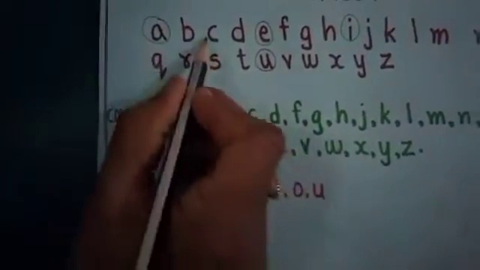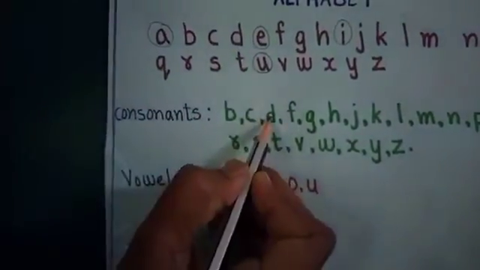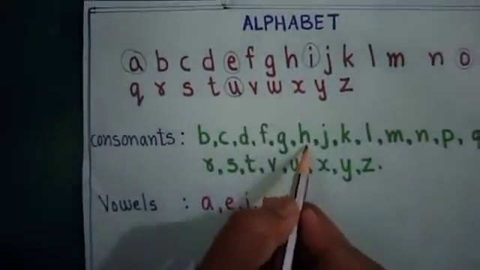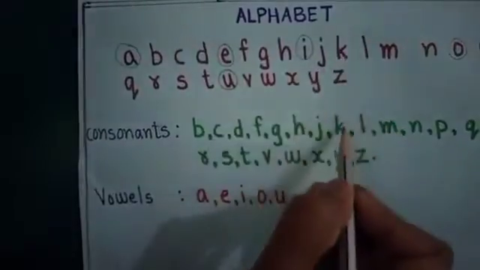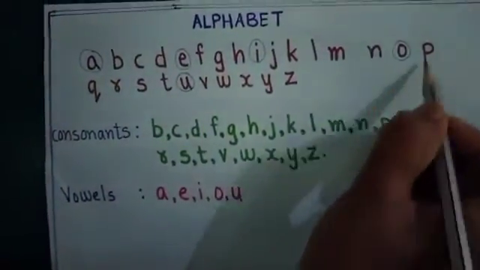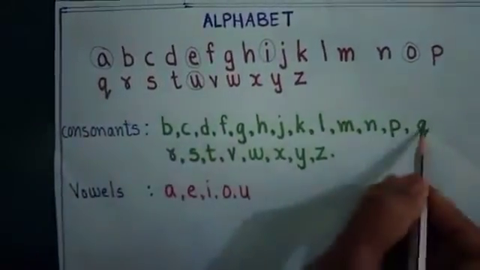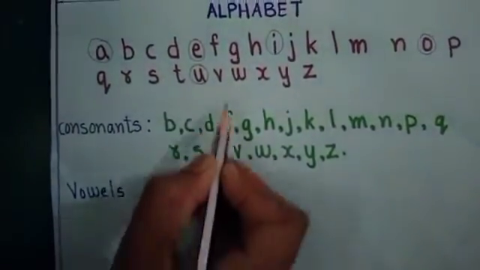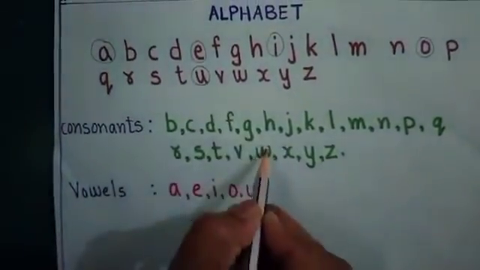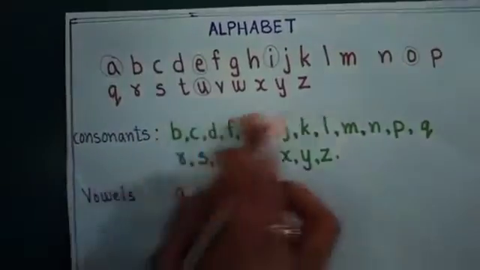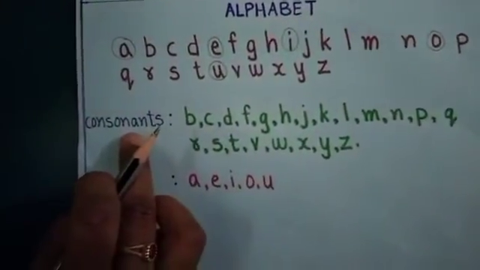B, C, D, F, G, H, J, K, L, M, N, P, Q, R, S, T, V, W, X, Y, Z. These all are called consonants.